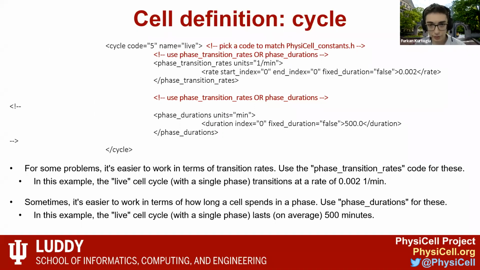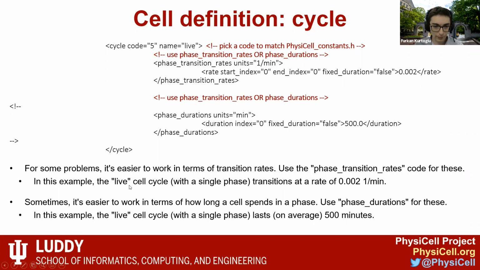So how do we define this cycle? There are two ways actually. The first one is defining the phase transition rate, where we set something like 0.016, or we can give the phase durations in units of minutes. So we have an example.